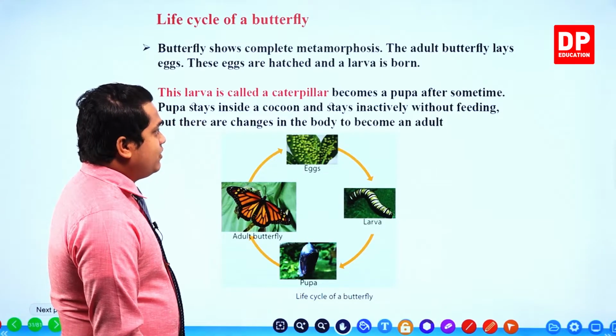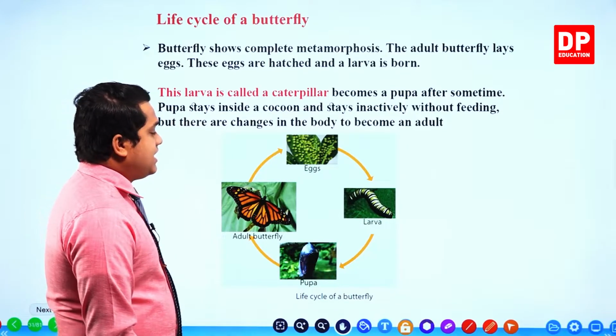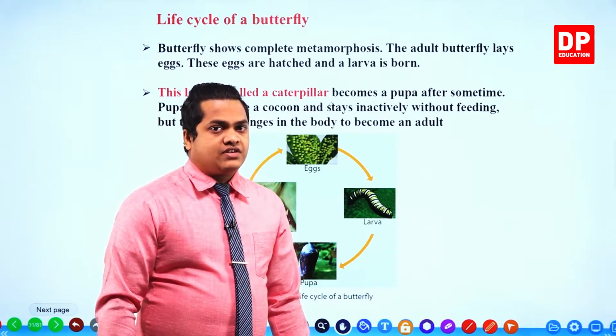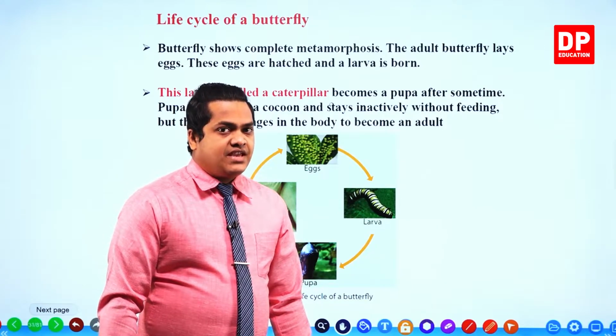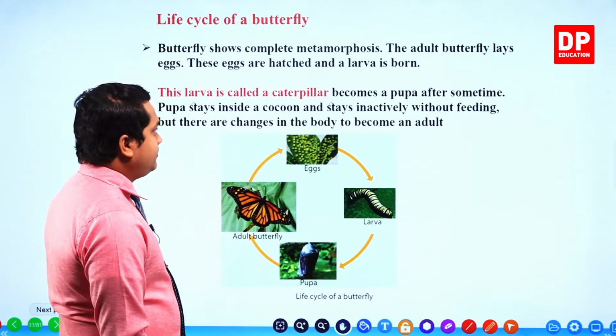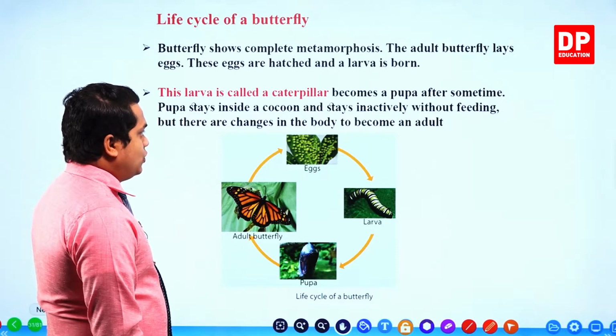and becomes a pupa after some time, right? So this larval stage is then converted into a pupa after some time. The larval stage is called the caterpillar. The pupa stays inside a cocoon.